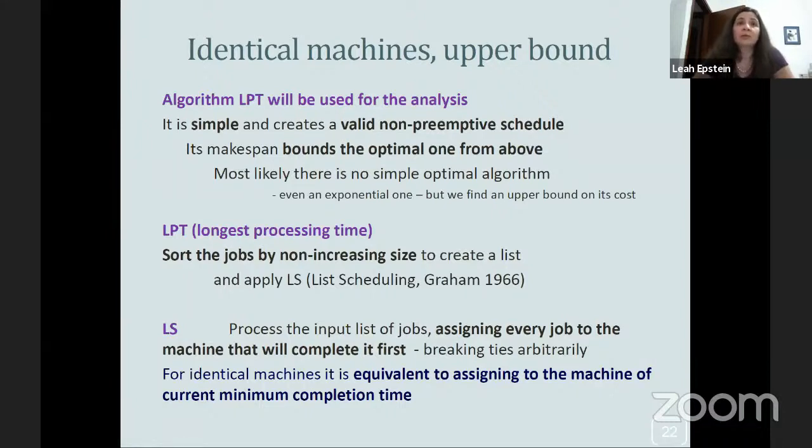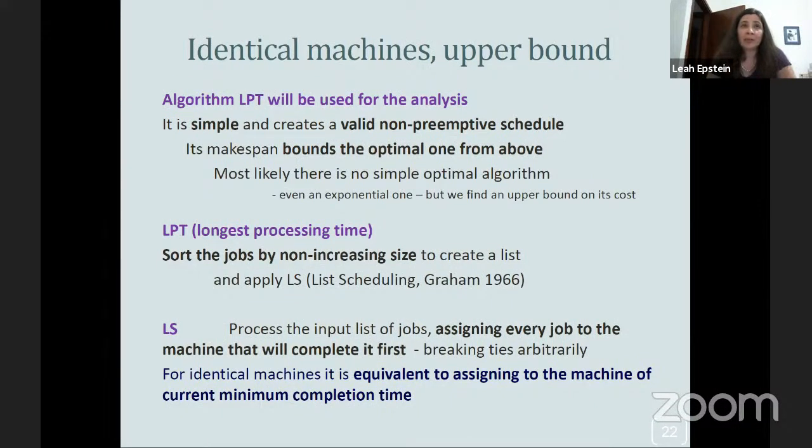The upper bound is going to be shown using an algorithm. You can ask why we are using just a greedy algorithm for the analysis. But if we are showing an upper bound, the output of an algorithm is fine as long as we manage to prove the correct bound. It is easy and has a simple structure, and this is why we use it.